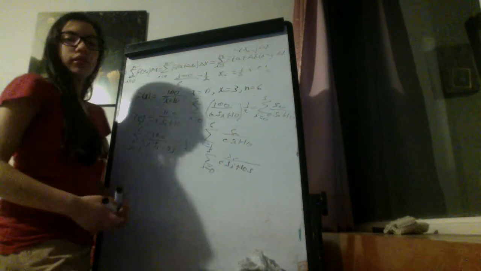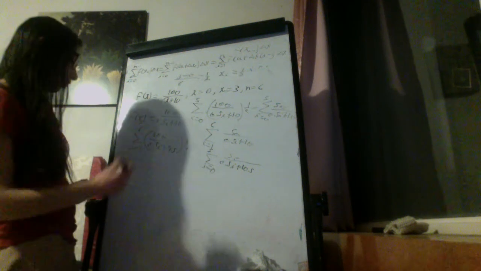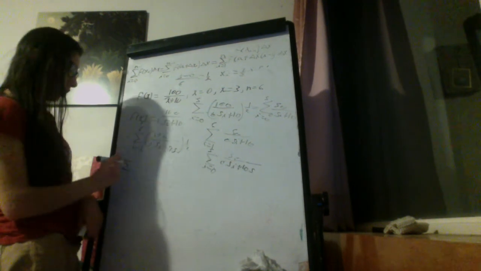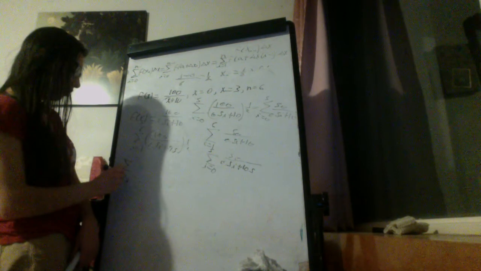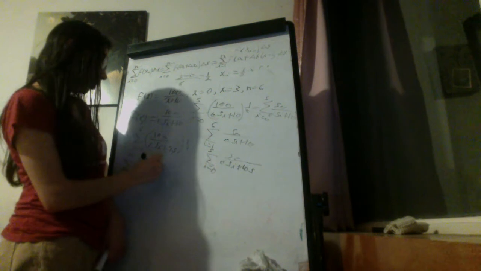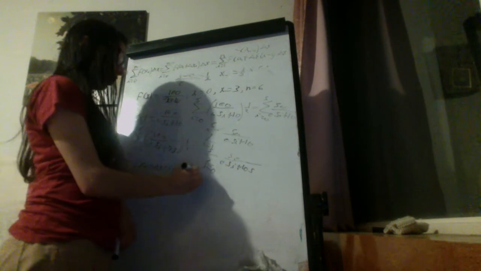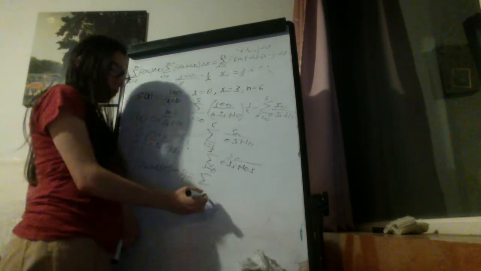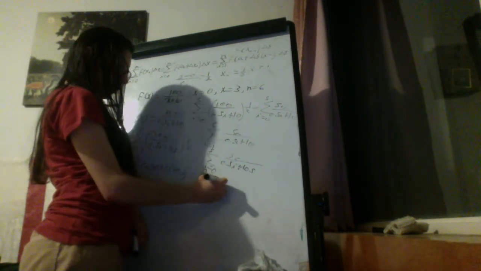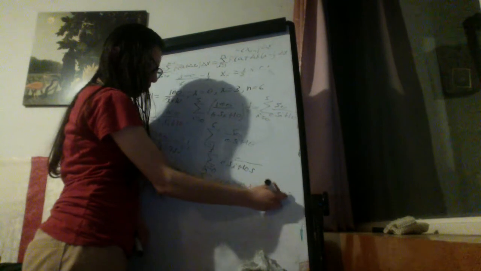Ready. And now if you want to do the midpoint, you use the formula in summation notation: from i equals 0 to n minus 1 of f of a plus delta x times i plus 0.5, or summation notation from i equals 1 to n of f of a plus delta x times i minus 0.5.